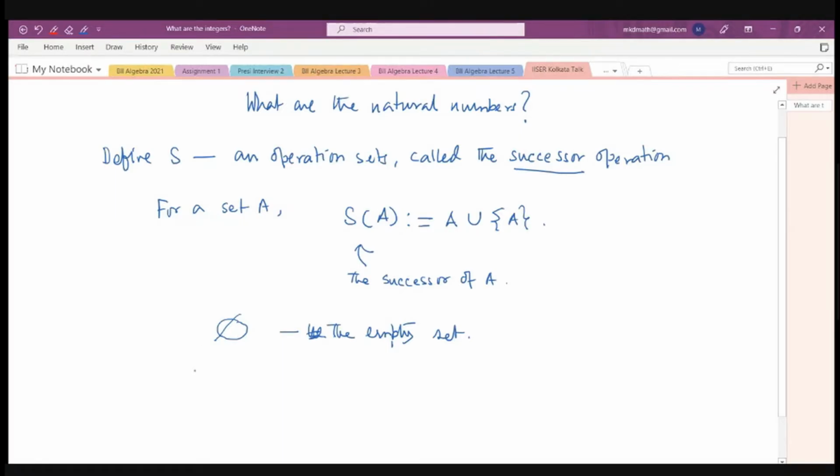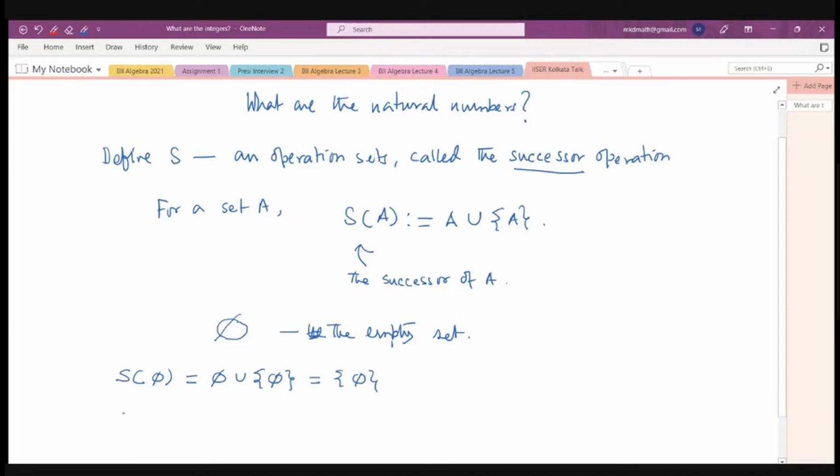Now I do S of the empty set, which is by definition the empty set union the set containing the empty set. And you know that the union of any set with the empty set is the set itself. So I get this set back.